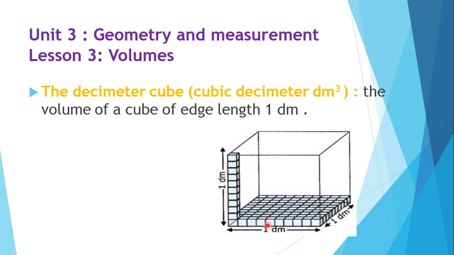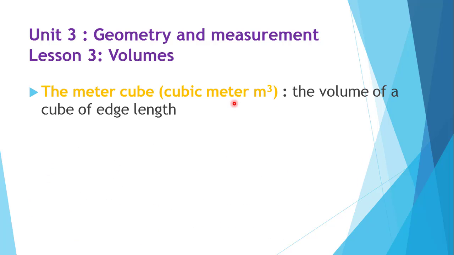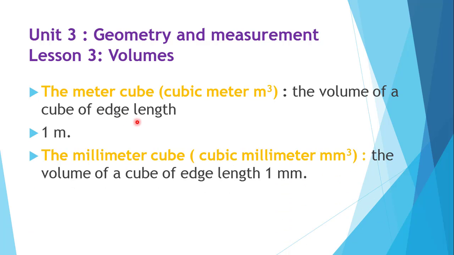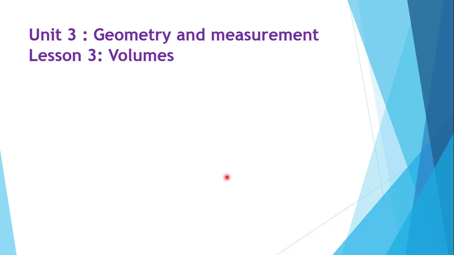Like here, we have a cube, its edge length is 1 decimeter, so its volume is 1 decimeter cube. Also, the meter cube, the volume of a cube of edge length 1 meter, and the millimeter cube by the same way, the volume of a cube of edge length 1 millimeter.